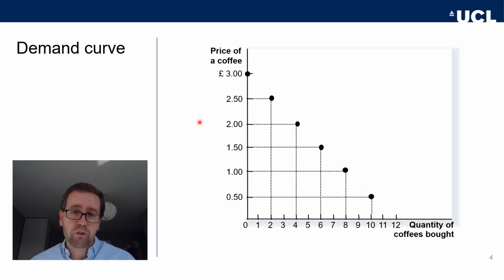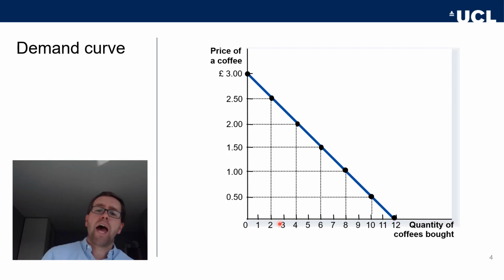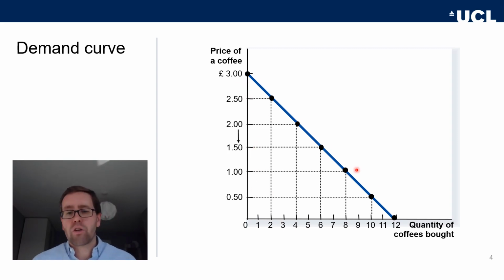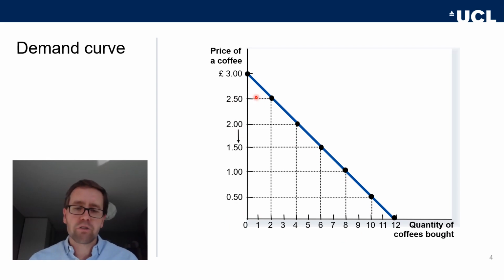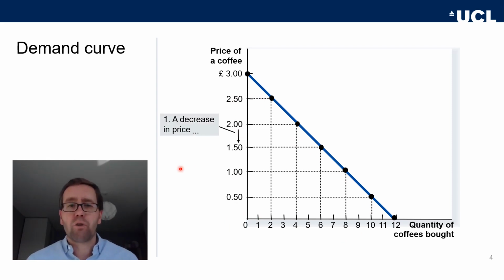Because they can afford it, because their willingness to pay for an espresso is higher than the market price. So we get this nice curve, and it is downward sloping because as the price falls, the quantity of coffees demanded increases. Or in other words, if the price increases, the quantity demanded falls. So this is the market demand curve for espressos at the farmers market.